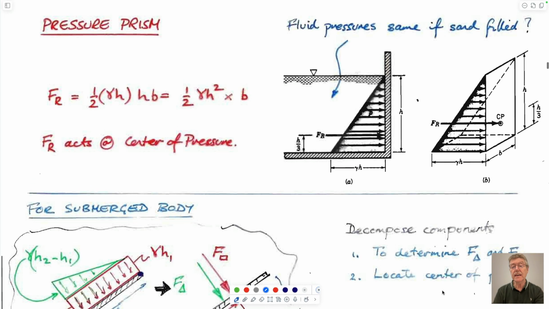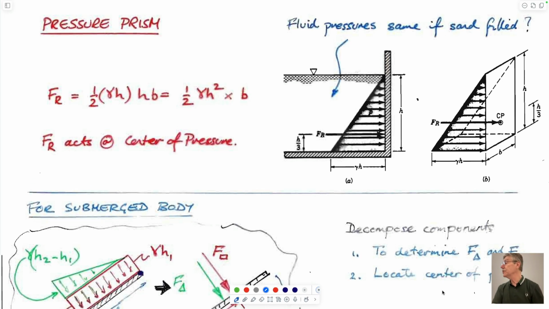We usually work in pressures, gauge pressures. So we usually take the pressure here as being P0 equals 0 pascals gauge. But we could also use P0 equals 10 to the 5 pascals absolute. Doesn't matter. It cancels out.